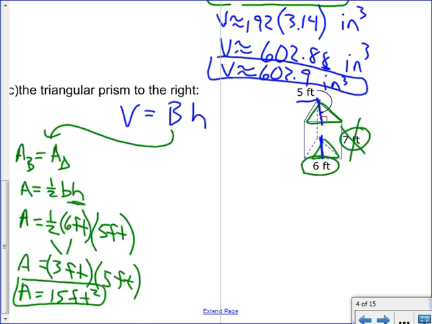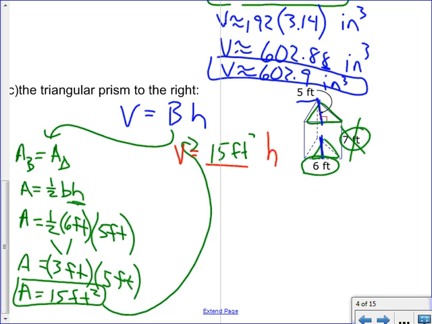We can then take this area and plug it back in for the base here in our formula. Volume equals base times the height. And I will just plug in that base, which was 15 feet squared, times my height. Now what I will do is I will replace the height as well. Now we are talking about the height of the figure, so I can say, hey, we're talking about this 7 feet now.